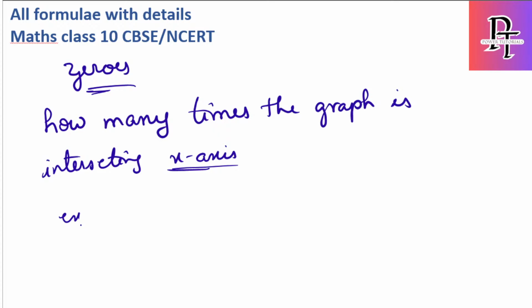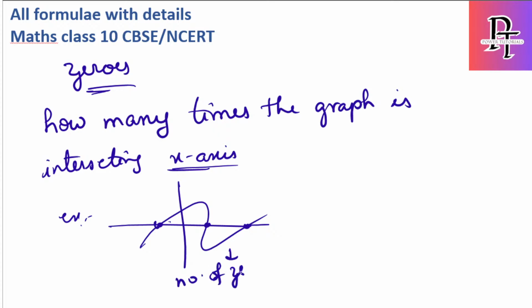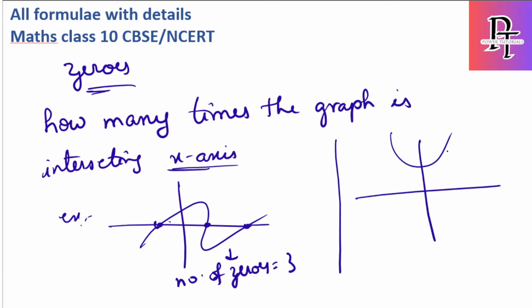For example, if I have a graph like this, how many times is it intersecting the x-axis? We have 1, 2 and 3. So here the number of zeros is equal to 3.